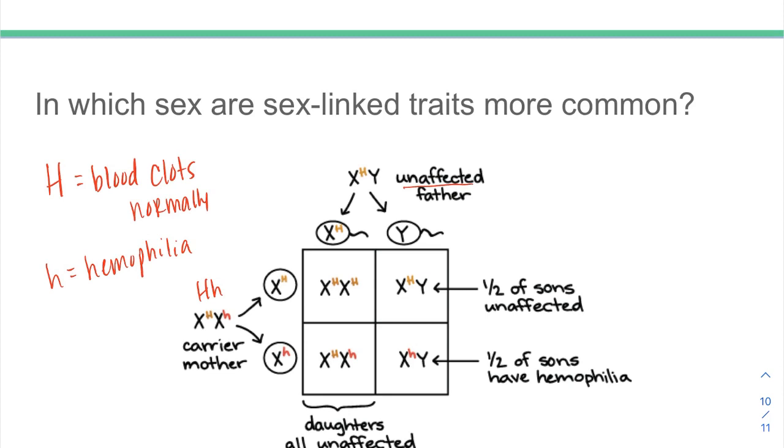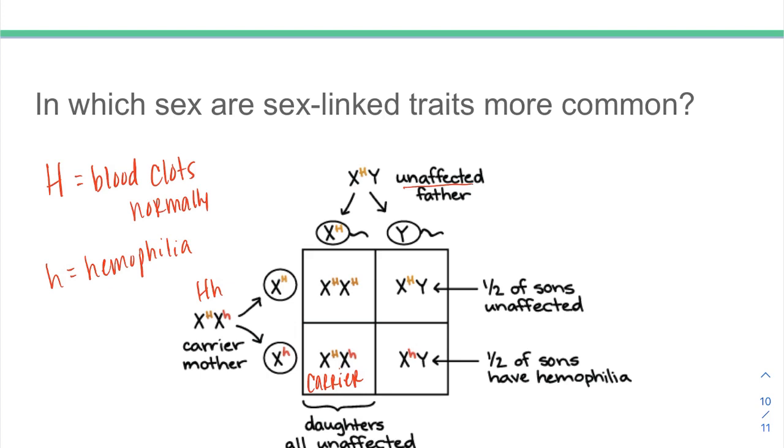But whenever we cross these two parents, we end up with daughters that are completely unaffected. So their blood's going to clot normally. Now, this daughter is a carrier, but she's going to show up as perfectly normal blood. But then when we take a look at our sons, this first son is going to be unaffected because he has the X with the blood clotting normally gene from his mother.